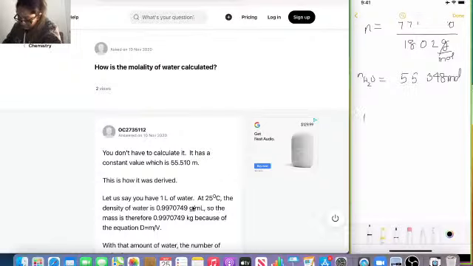So you write molality. The symbol for molality is a small m.